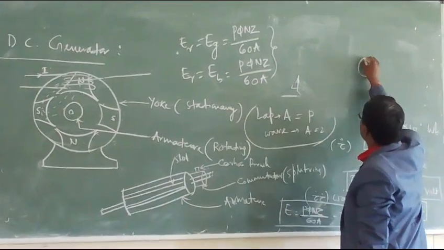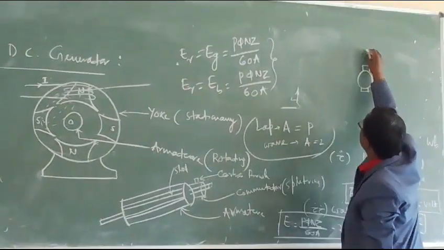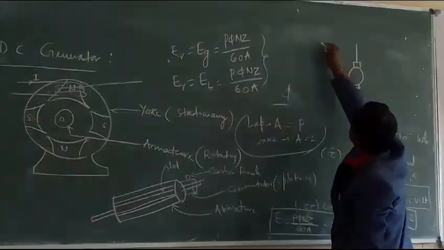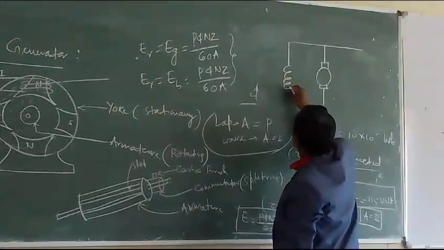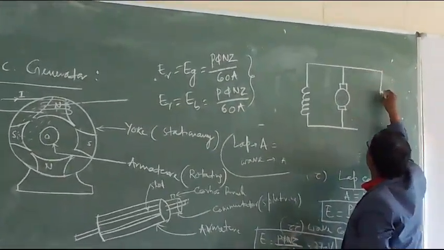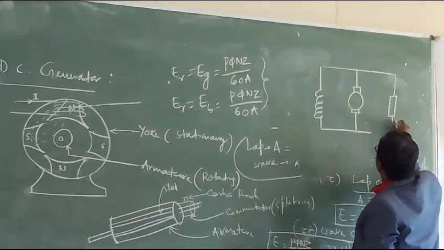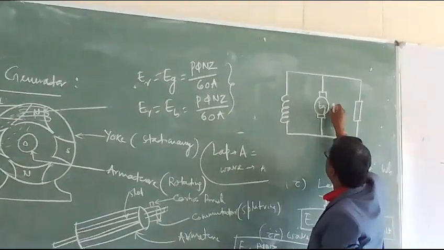Here you see this is your DC generator equivalent circuit. These are your field windings. This is considering a DC shunt generator. So EMF is generated here.